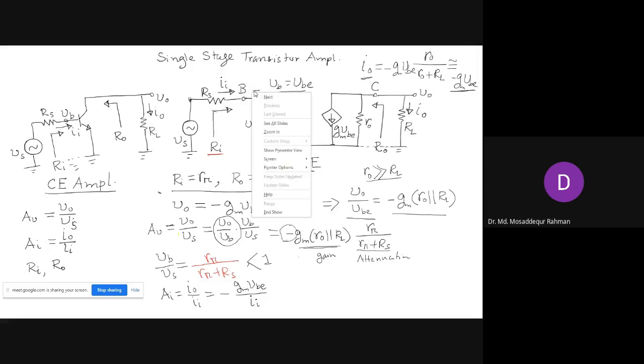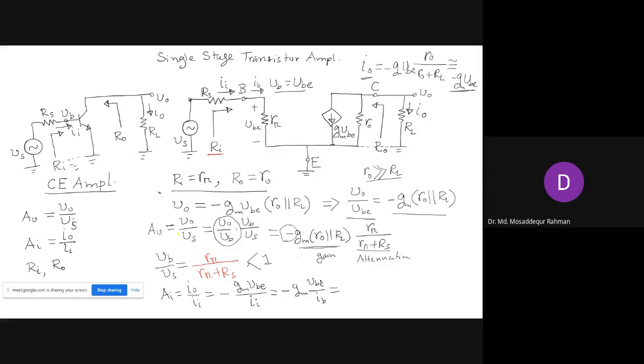And that is also the same we can say as the IB. II is the IB. So this we can also write as minus GM VBE by IB. Right.